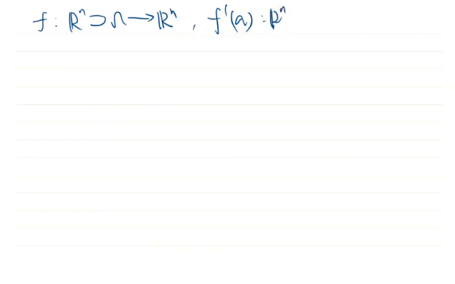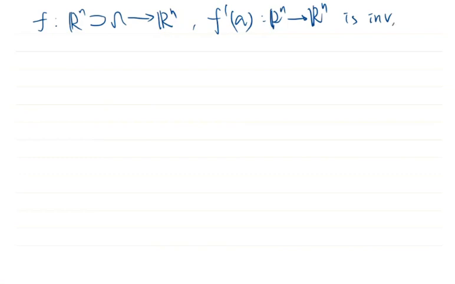The inverse function theorem says that for a map F from an open subset in Rn to Rn, if the linearization of the map at the point A in omega is invertible, then F itself is locally invertible.